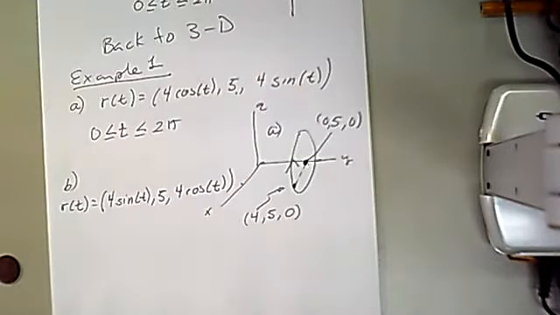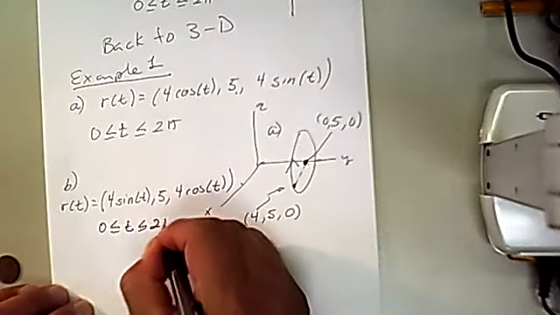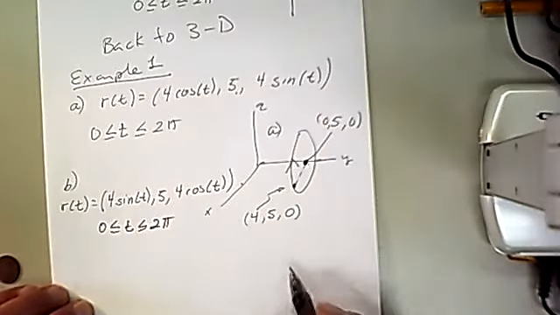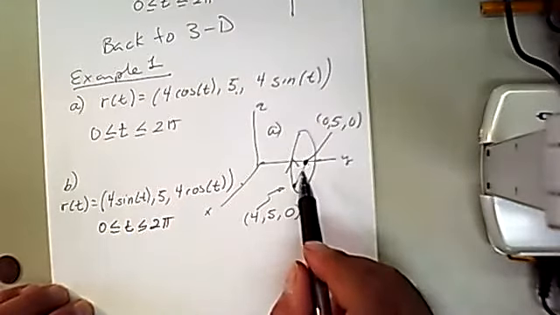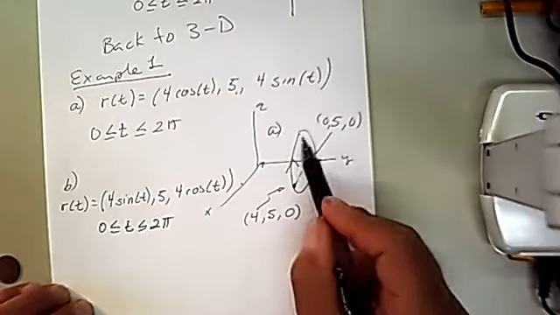So we have that. Then, still between 0 and 2 pi. We have the same circle, except that we're going to start with an x of 0. So we're going to start up here.